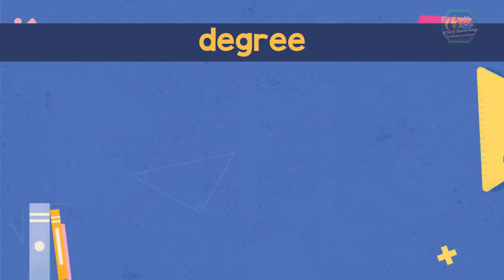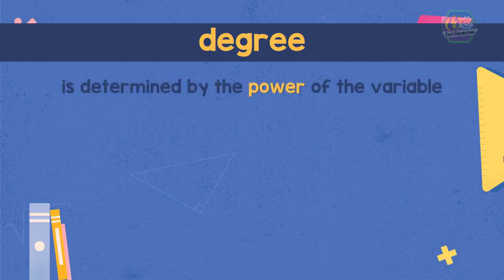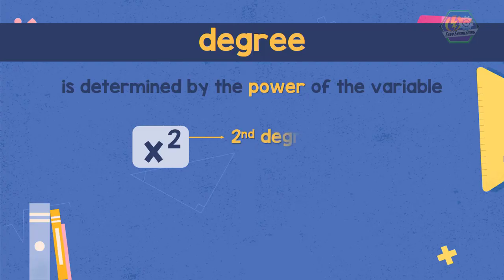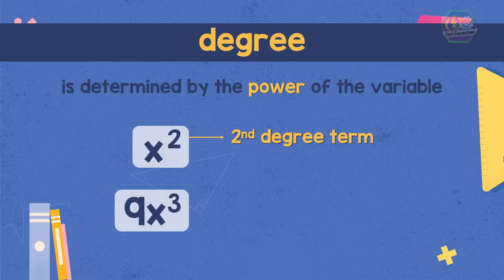Degree of a term is determined by the power of the variable. So if you have a term x squared, then we can say that the degree of the term is 2, or it is a second degree term. Or we have a term 9x cubed. The power of the variable is 3, so it is a third degree term.